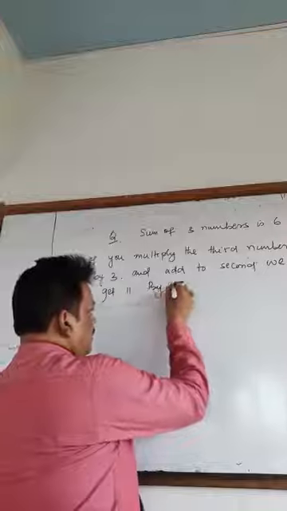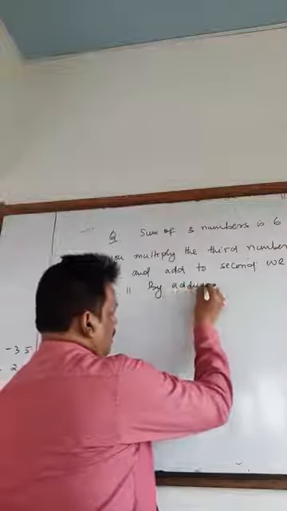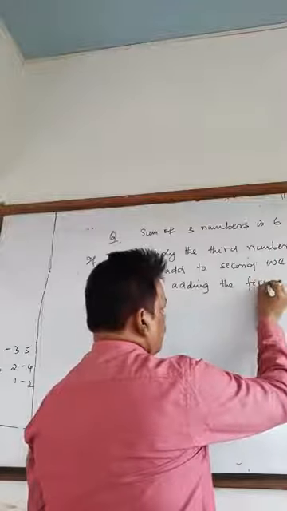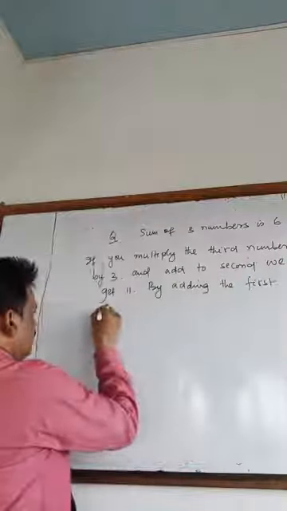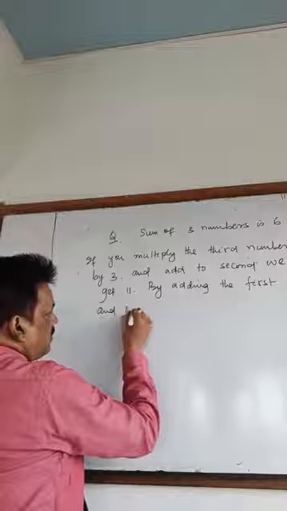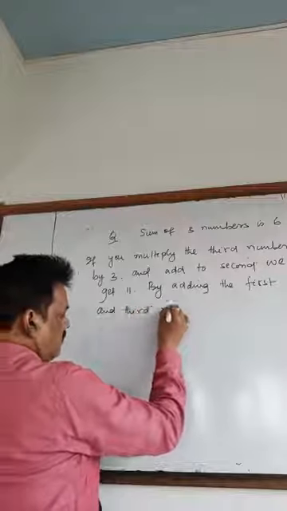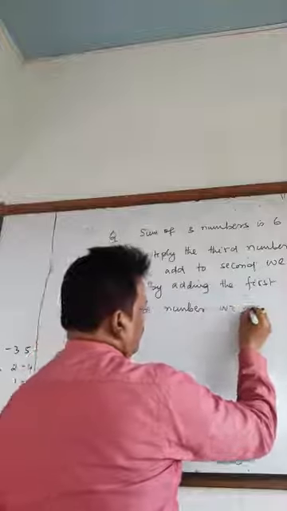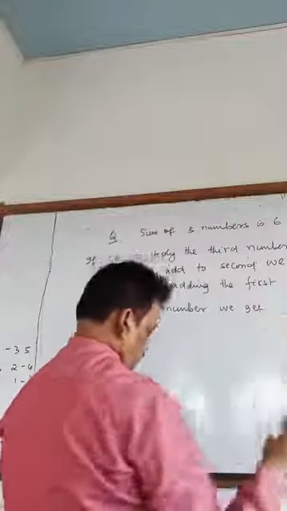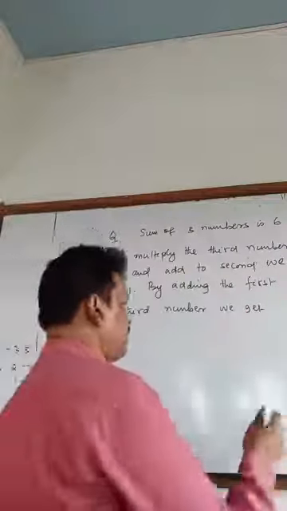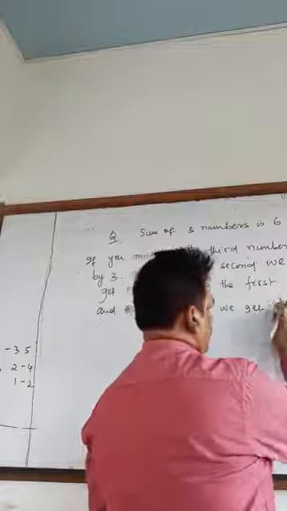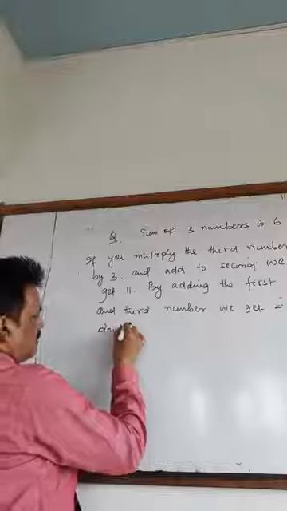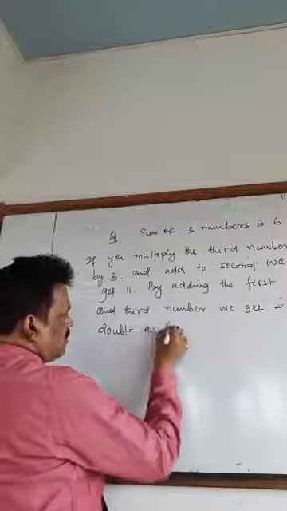by adding the first and third number we get double the second number.